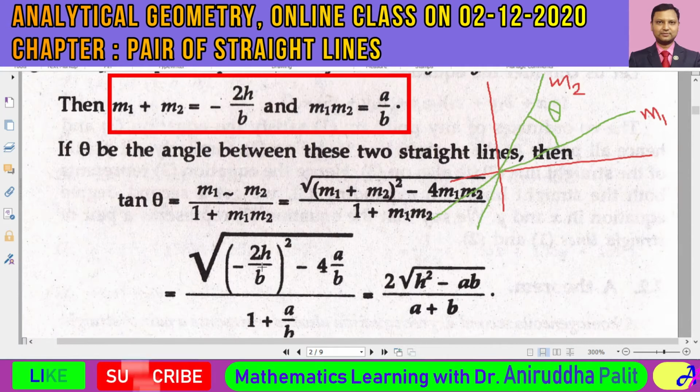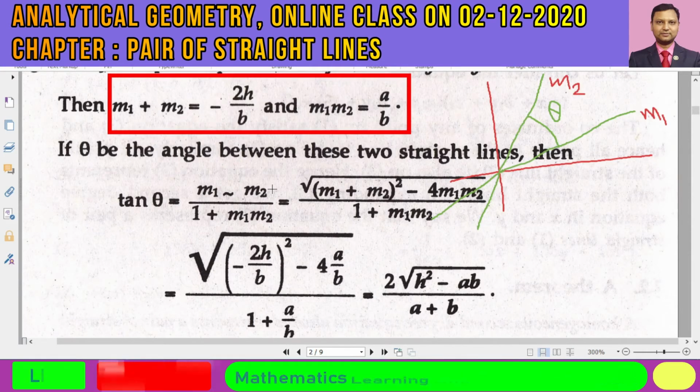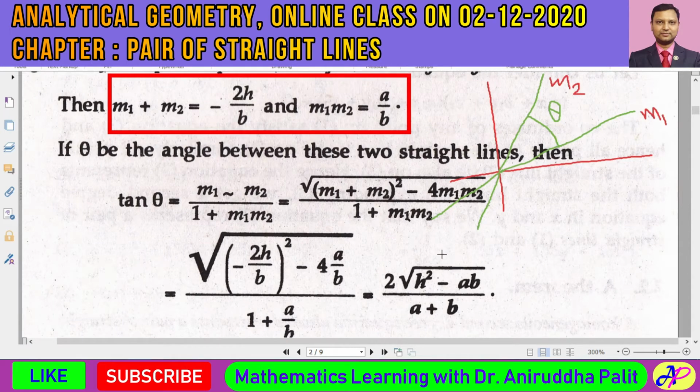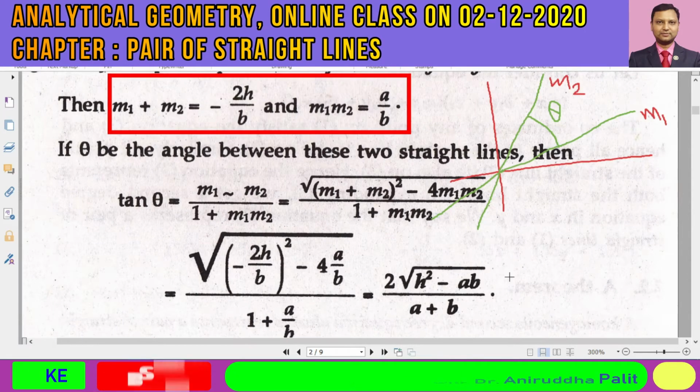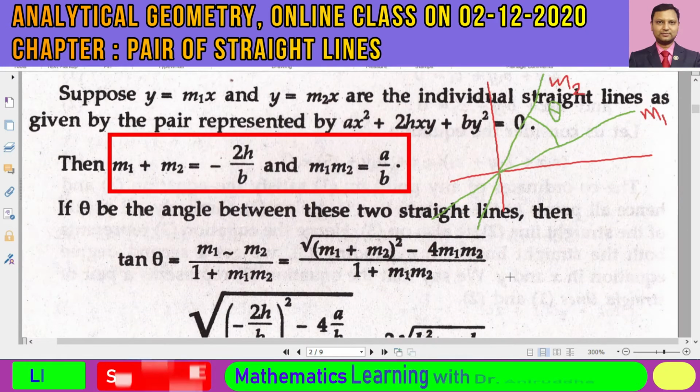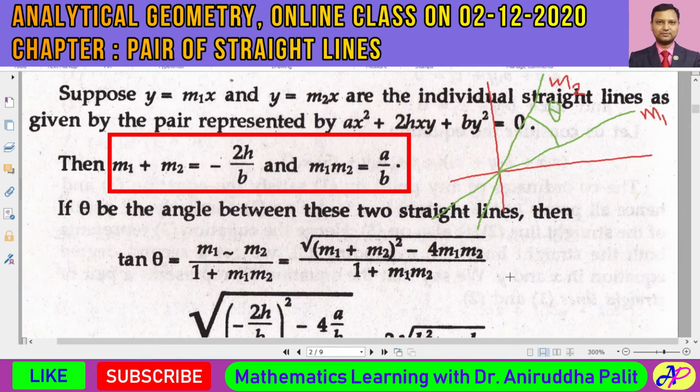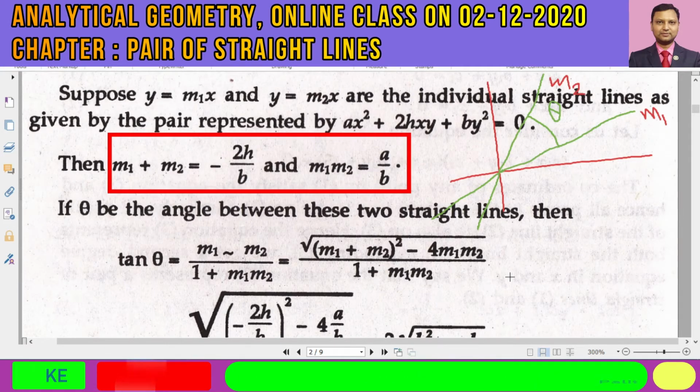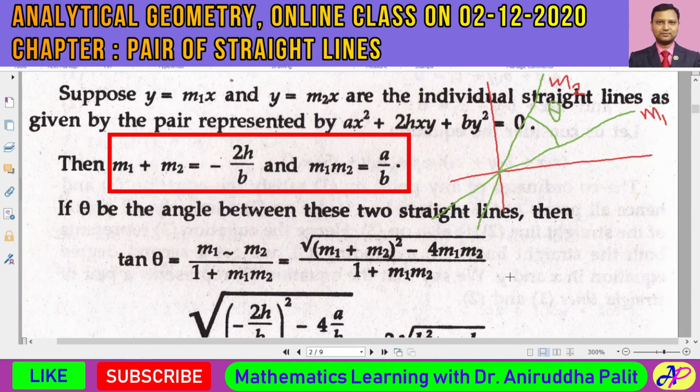So we say that m1 difference m2 means it may be m1 minus m2 and it may be m2 minus m1. But what would be the exact situation, especially whenever we have three different straight lines? Sometimes we need to follow a certain particular order. I shall discuss all this in our subsequent lectures.